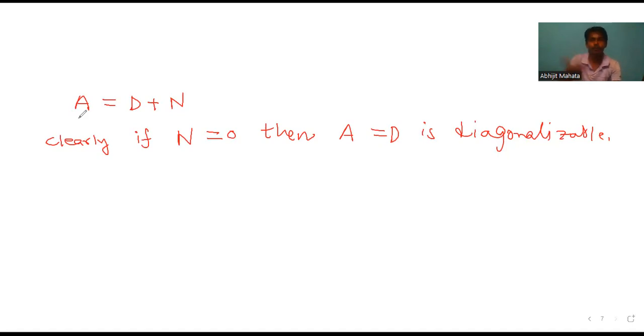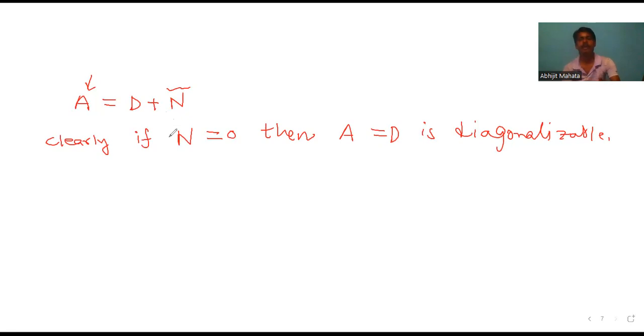And we know a nilpotent matrix is not diagonalizable, except the 0 matrix. So when the matrix A is diagonalizable, the nilpotent part will not appear. And of course, this decomposition will be somehow unique. I'm not going in that direction, but it is important that we learn this fact.